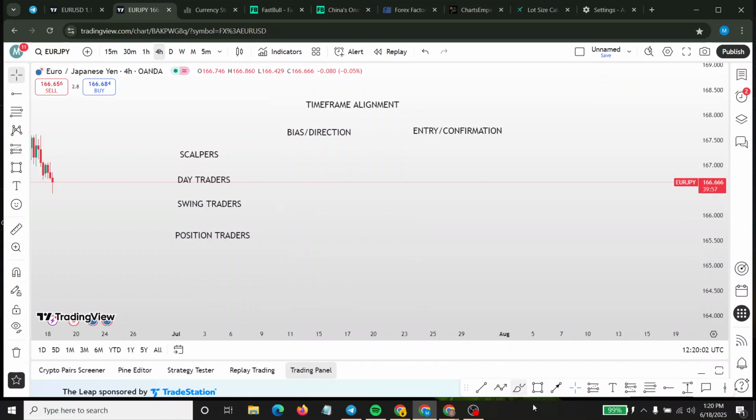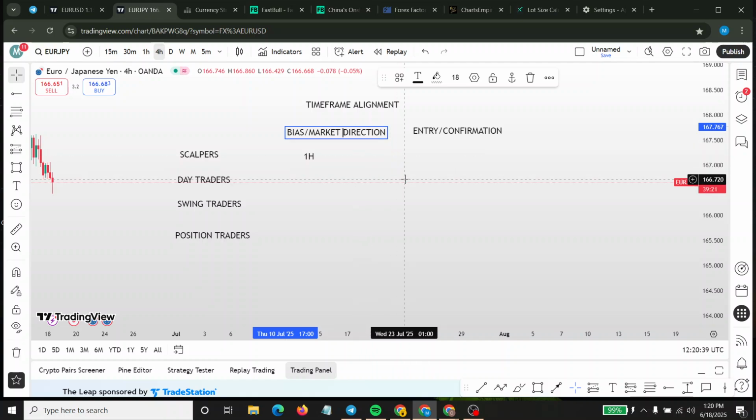For scalpers, they make use of the 4 hour or 1 hour for market direction.